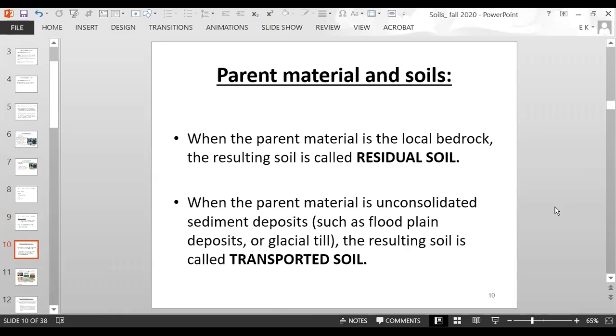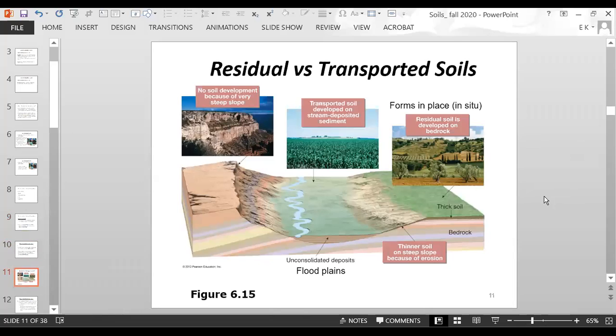When the parent material is local bedrock, the resulting soil is called residual soil. When the parent material is unconsolidated sediment deposits, such as floodplain deposits or glacial till, the resulting soil is called transported soil. This diagram shows you, all the way on the right, a residual soil developed on bedrock.